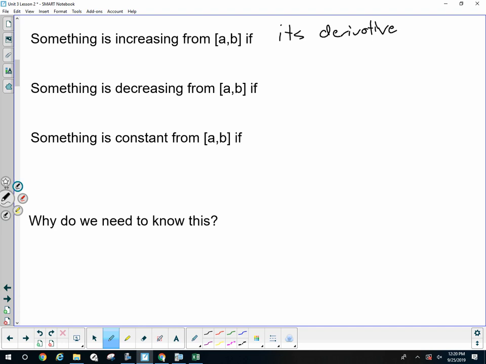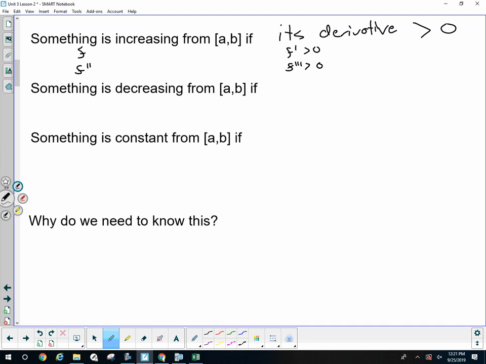Now, I'm not going to write "is positive" anymore. It takes too long. You are math students. You should know that something greater than 0 is positive. So, sure, f is increasing if f prime is positive. But f double prime is increasing if its derivative is positive. See what I'm doing there?